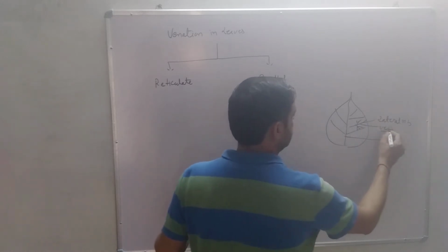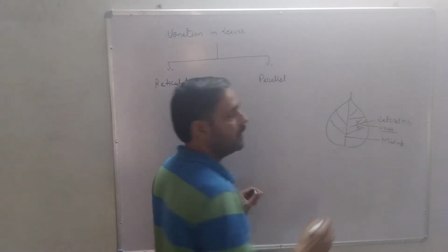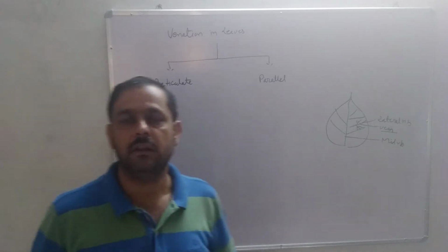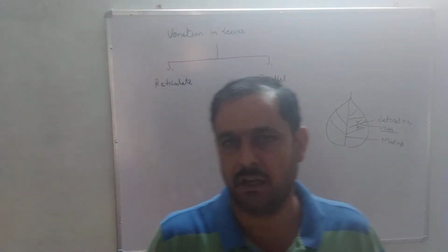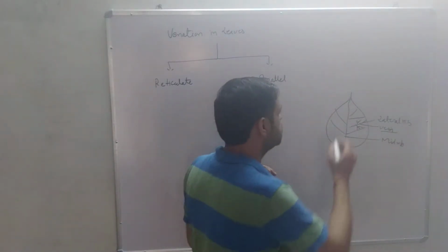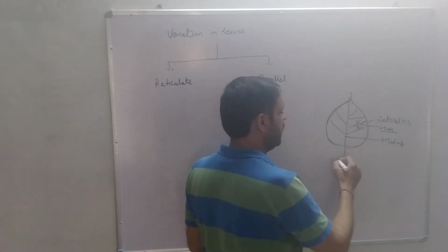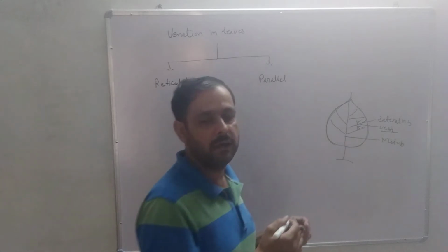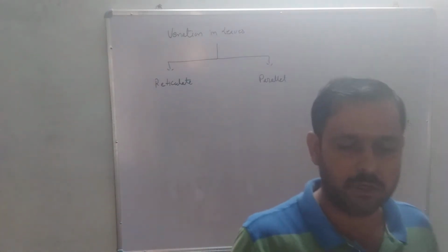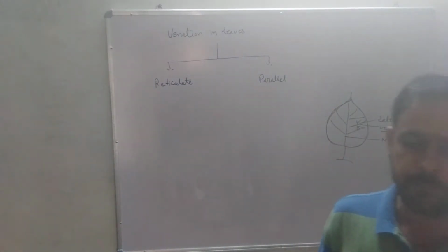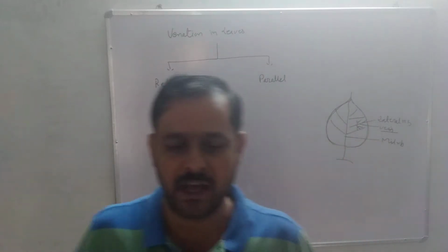So we can say it is the arrangement of midrib, lateral ribs and veins in the lamina, because this part of the leaf is called the leaf blade or leaf lamina. So the arrangement of veins and veinlets in the lamina is termed as venation.